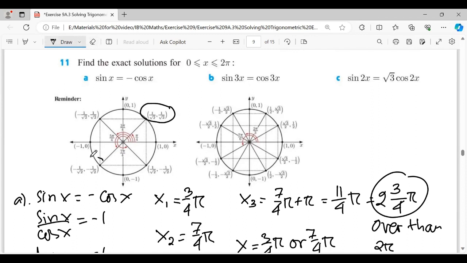This one and this one. Okay, 1, 2, 3, 4 and 5 over 4.